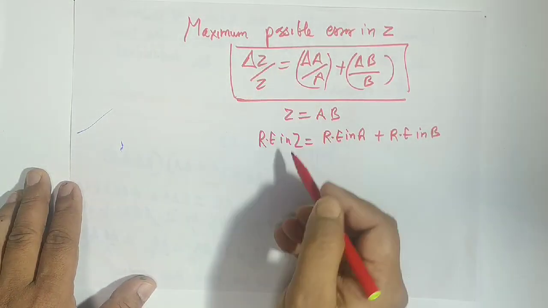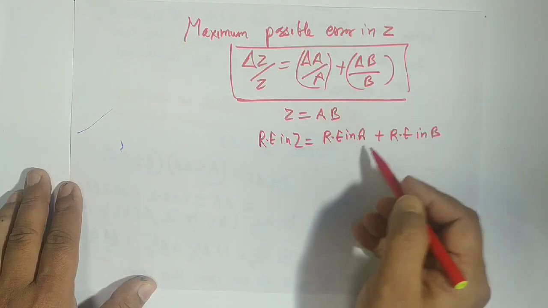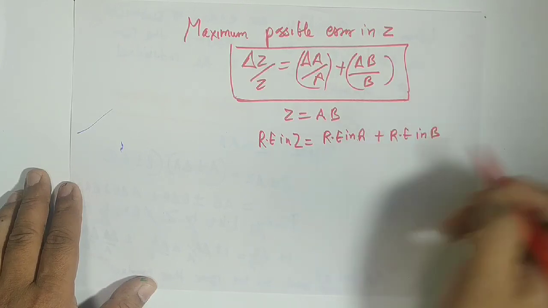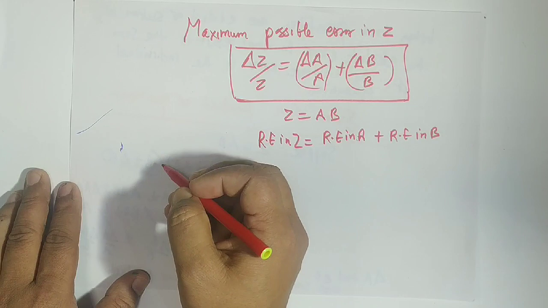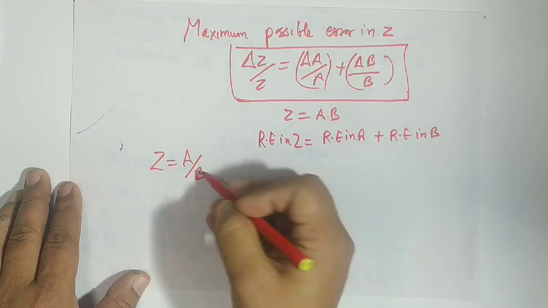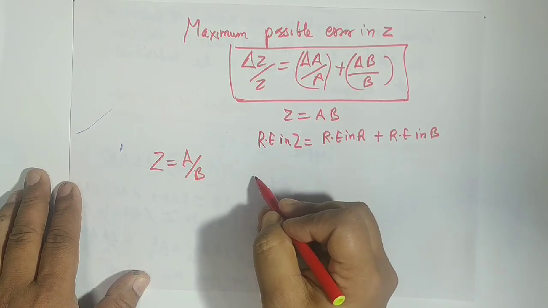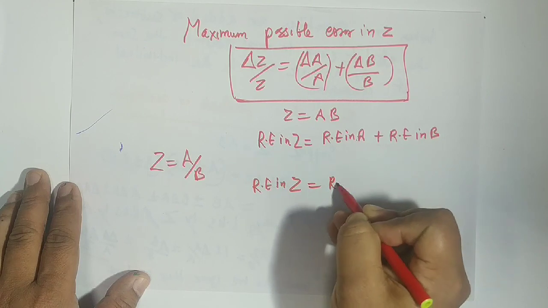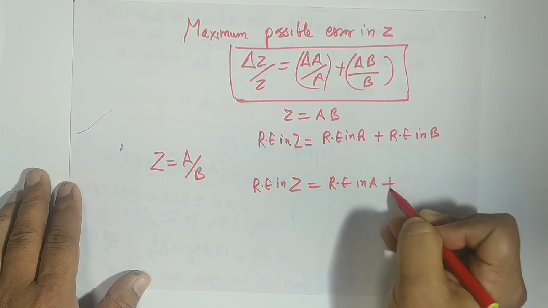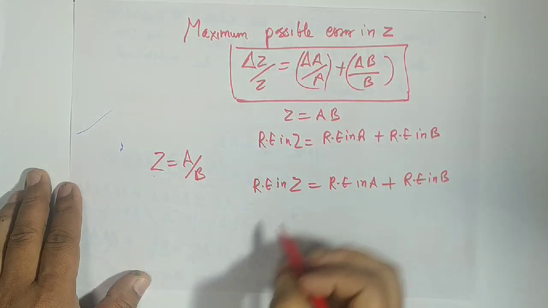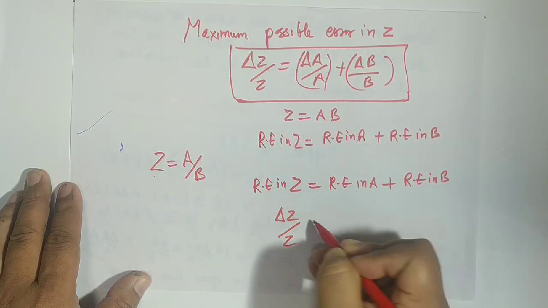We can directly apply relative error in Z equal to relative error in A plus relative error in B plus relative error in C, and so on. Similarly, if I write Z equal to A by B, that is the division, the same thing will come: relative error in Z will be relative error in A plus relative error in B. Why? Because Z is related with A and B. So the same thing comes for this.